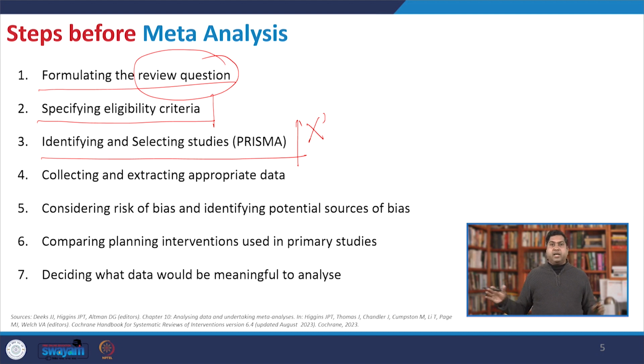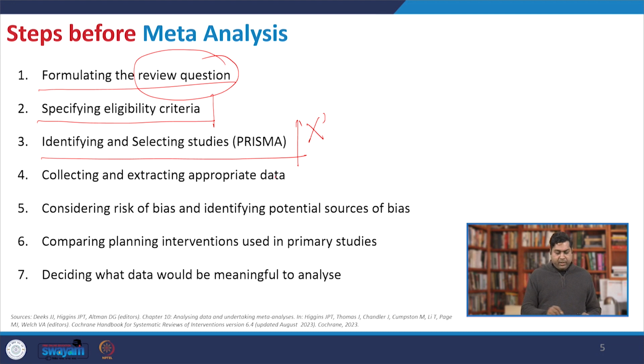You can start with say 100 papers in general. After reading the abstract, after reading the conclusion, you may still screen it. So in PRISMA you have that screening process, and finally you come up with the final number where you go for an in-depth review.